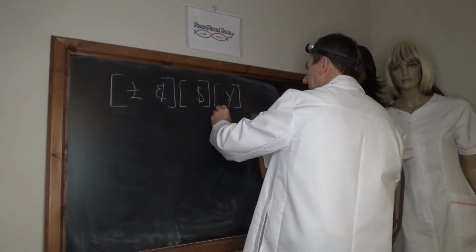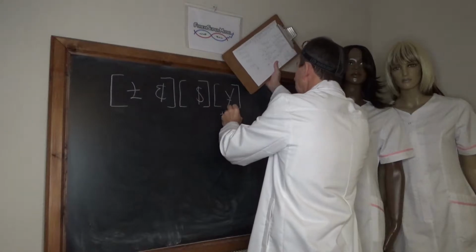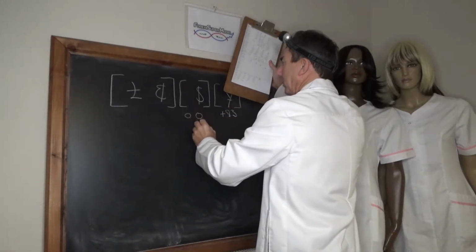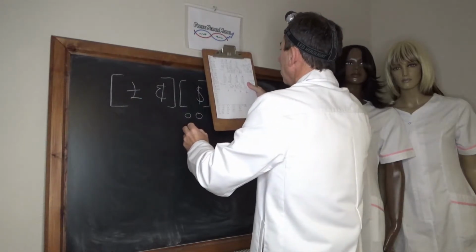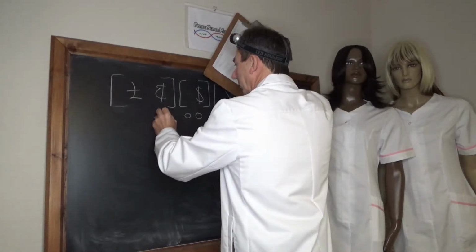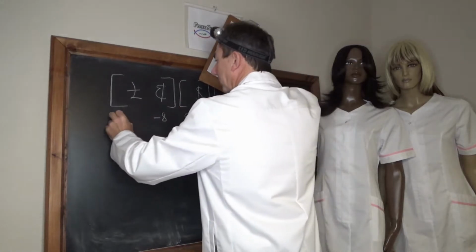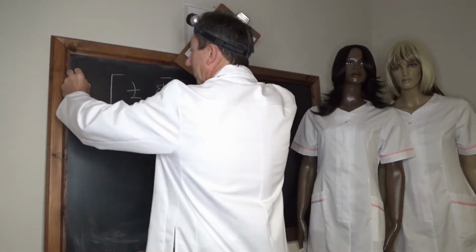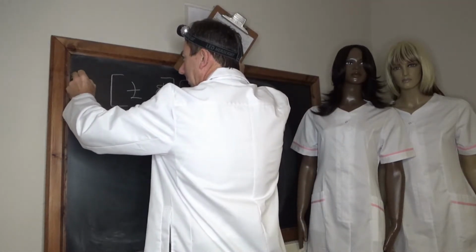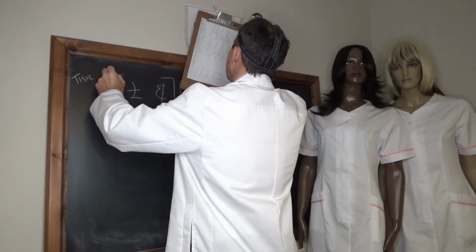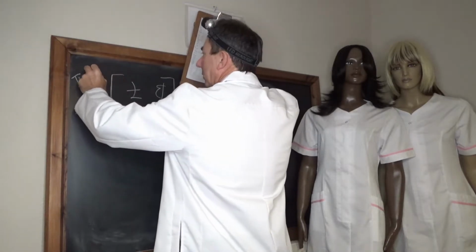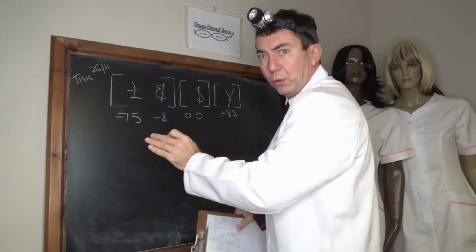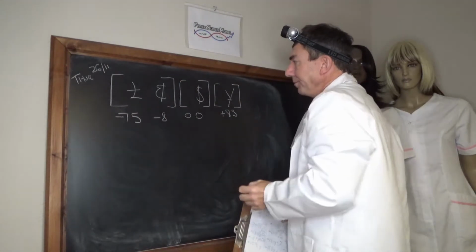Plus 83 for the yen, net zero for the dollar, minus 8 for the euro, and minus 75 for the pound. So this was Thursday, yesterday, the 26th of the 11th.